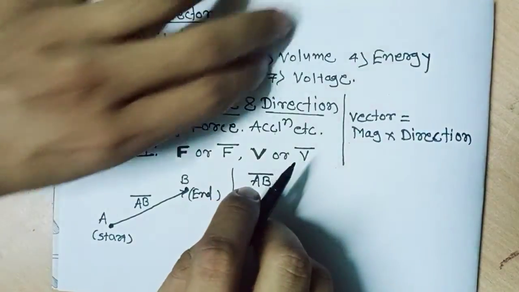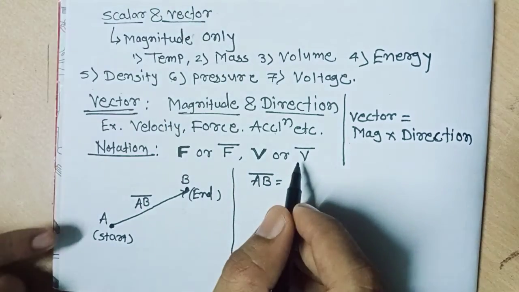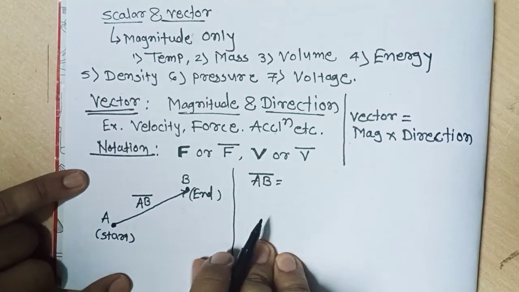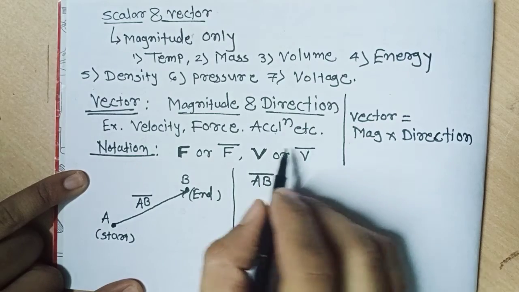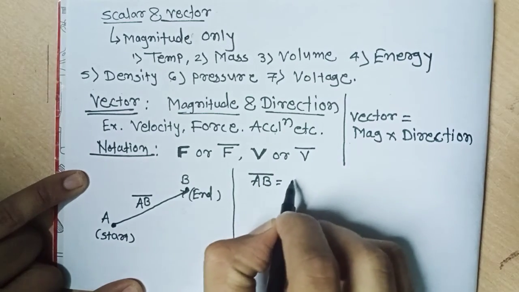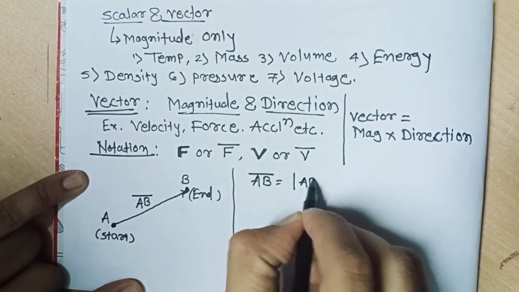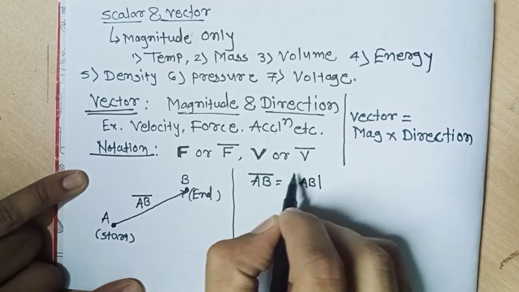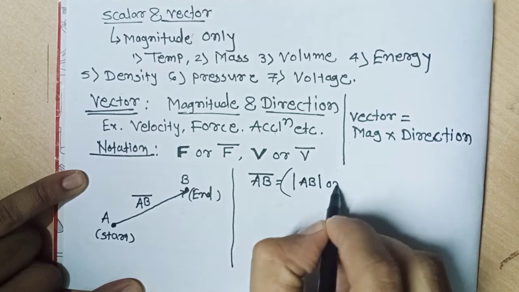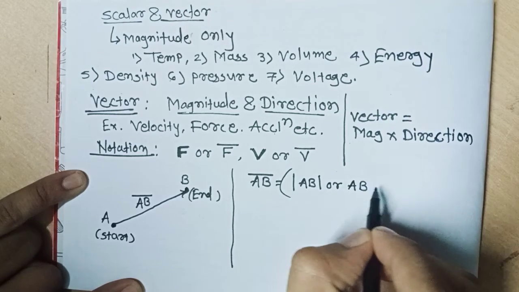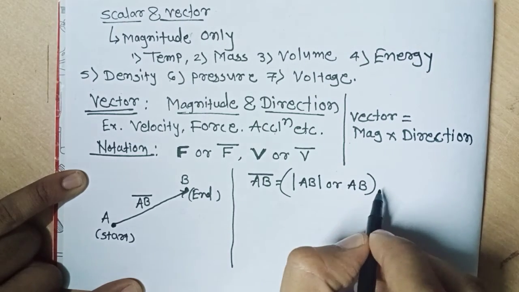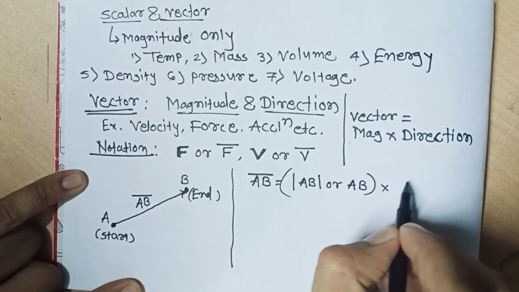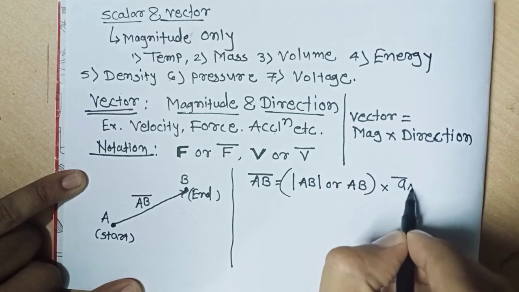Using this definition, vector AB bar is equal to mod of AB, or you can simply write AB, multiplied by a bar AB.